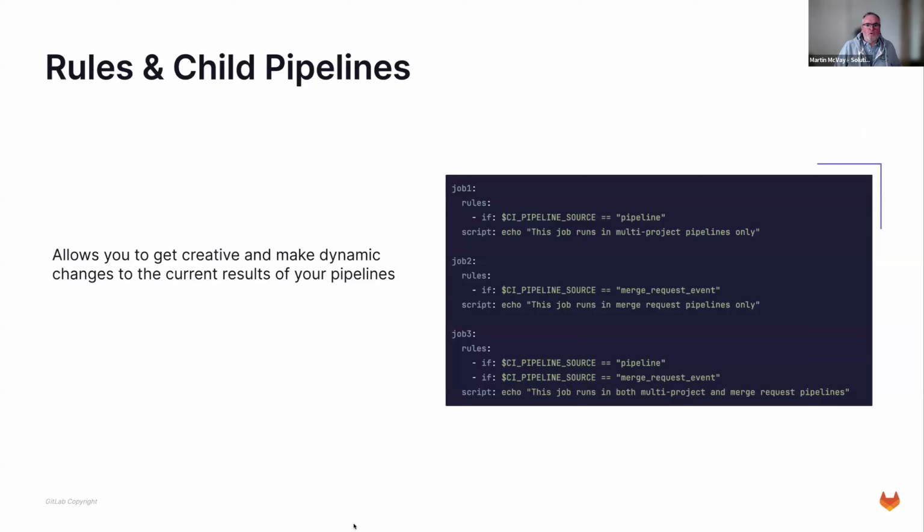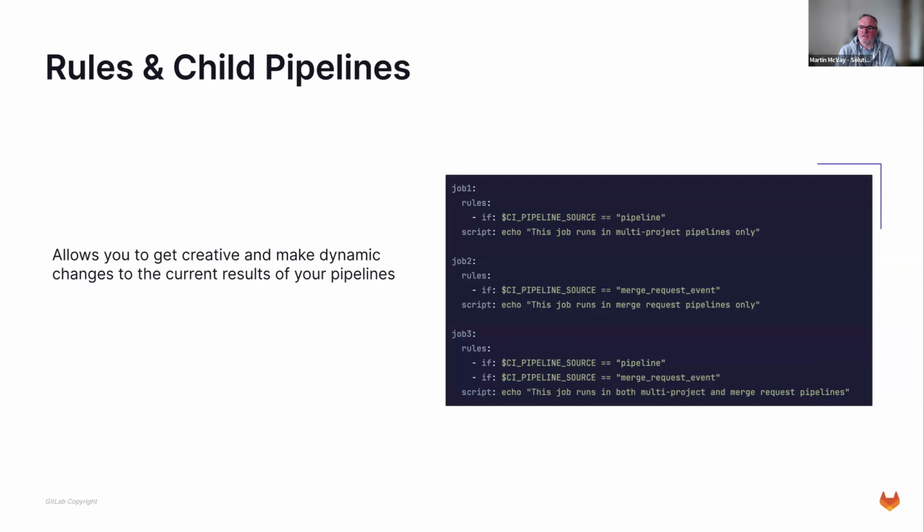So we have rules and child pipelines as well. It's possible for us to get creative, and we can make changes to the current results of the pipeline itself. There are certain rules and even variables that are passed down to us. So we can get CI pipeline source, which is a system variable that we have. If it's a pipeline, in that case, job one is going to echo that the job runs in a multi-project pipeline only.